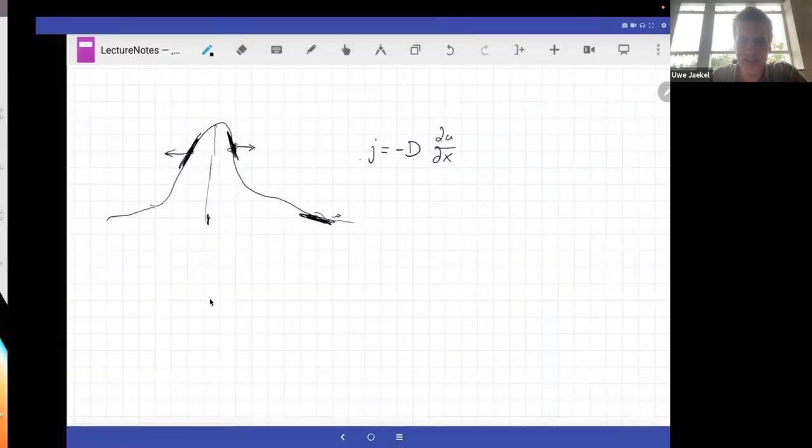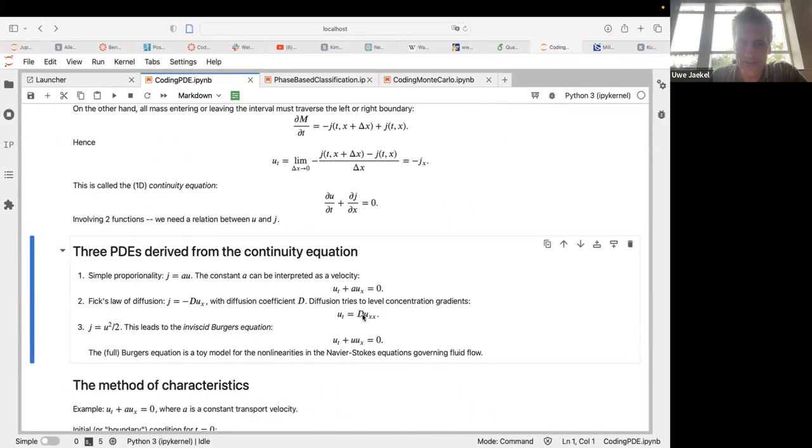This is Fick's law, and if we enter it into the continuity equation, replacing J with minus D du over dx, we take the derivative of u twice. So this is the famous diffusion equation.